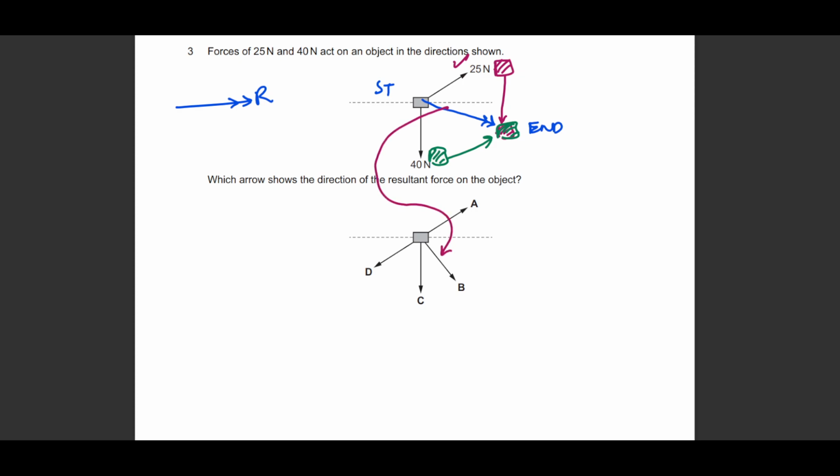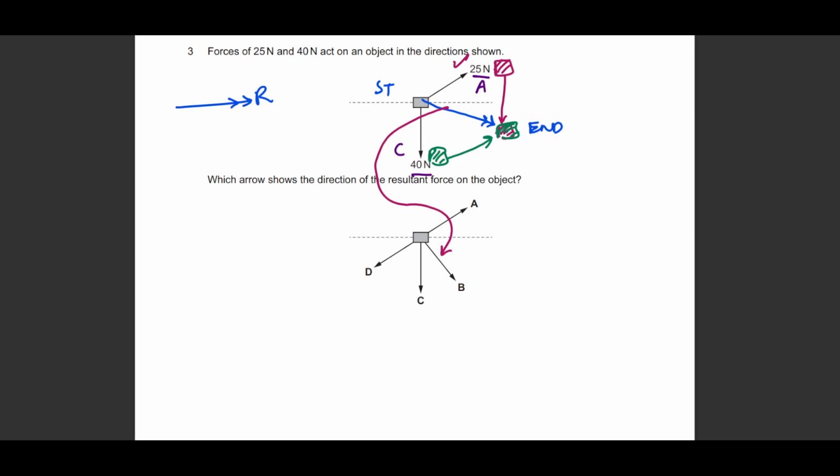One more thing, it is impossible that the object moves in the direction of the question. So 25 and 40, these are effectively option A and option C. If 40 Newton was alone over here, then most definitely C would have been the answer. If 25 was alone, then most definitely that would have been the answer.